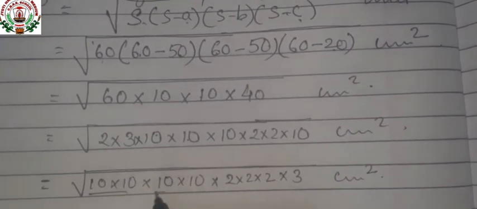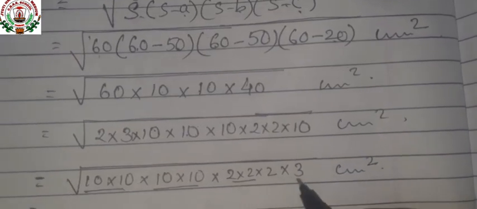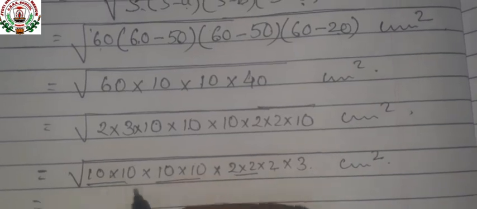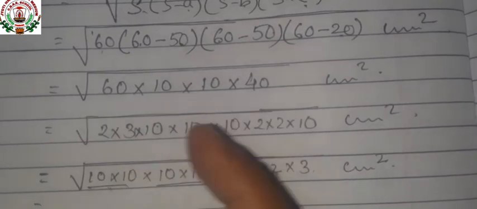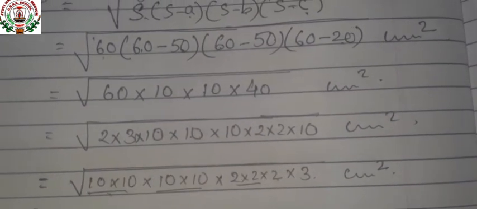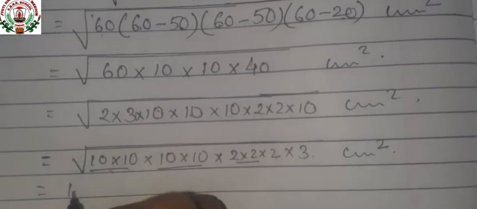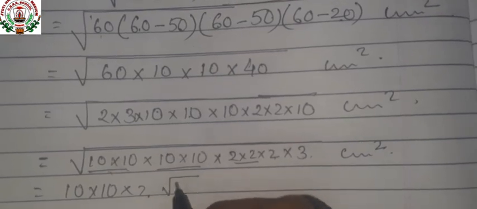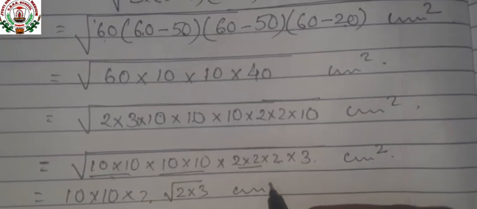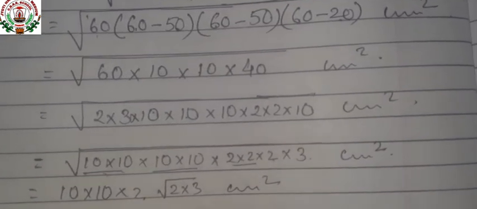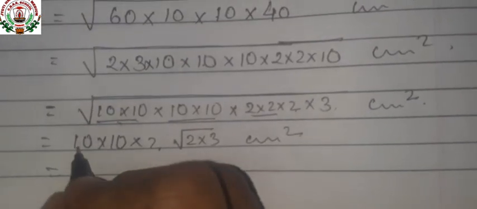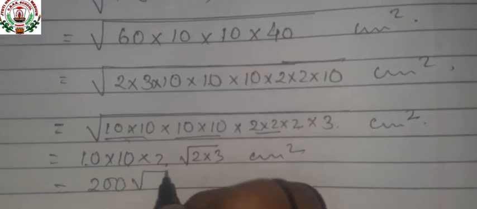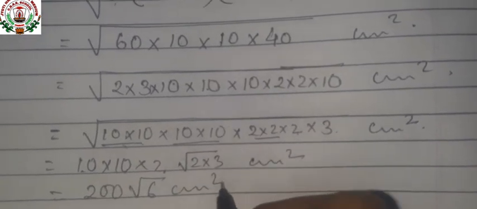Now make pairs of each. Okay, and this is unpaired. 1 2 and 1 3 is unpaired. So taking one number from each pair, we will take it out of the square root. So that will be 10 into 10 into 2 root 2 into 3 cm square. That is equal to 200, since 10 into 10 is 100, 100 into 2 is 200 root 6 cm square.